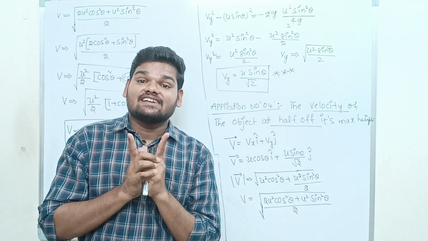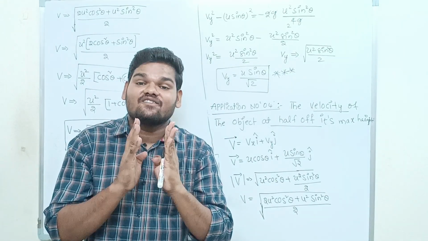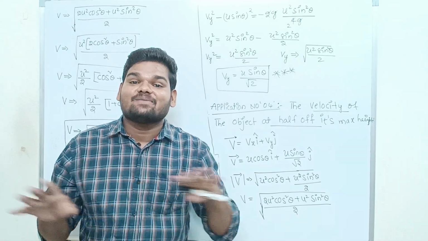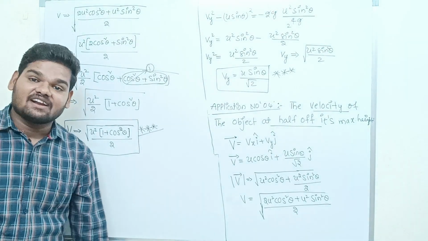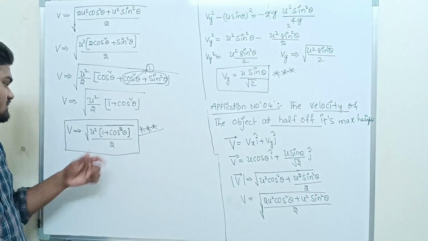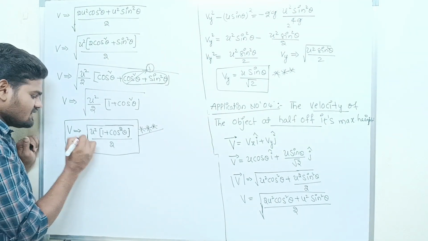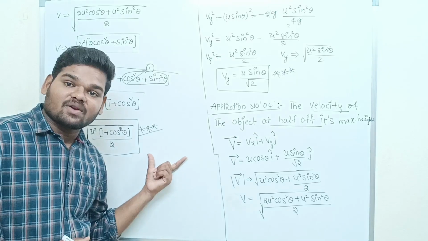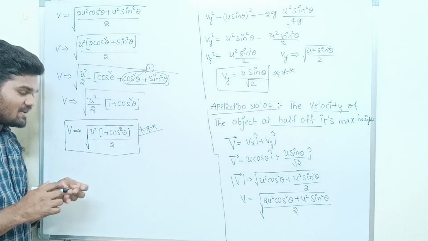The final velocity of the projectile body at its half of maximum height, when no direction is mentioned, you can use this formula: under root of u square times 1 plus cos square theta divided by 2. So the whole thing is under root; for the 2 also there is a root. Okay. Right. So we have one problem based on this application. Please pause the video and write the application.